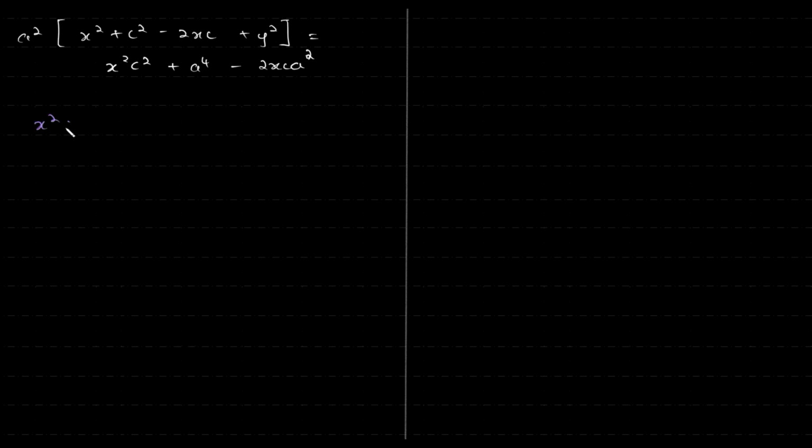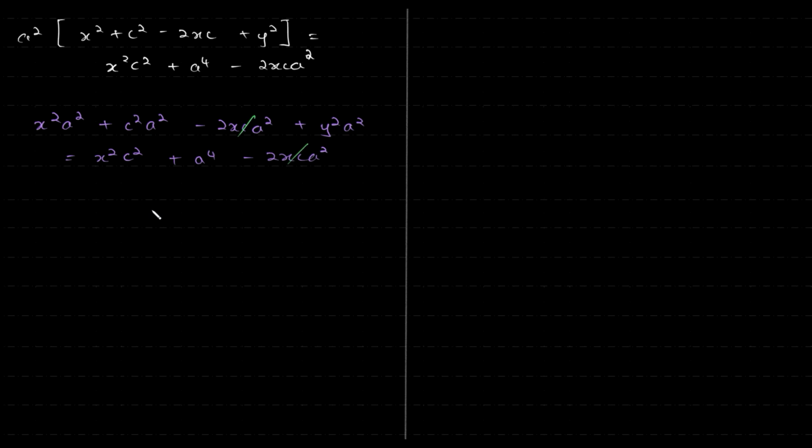So we have x square a square plus c square a square minus 2xc a square plus y square a square is equal to x square c square plus a to the power of 4 minus 2xc a square. Anything that we can cancel? Yes, we have these 2 expressions that are the same, and right, done. I don't think we can cancel anything else. No.